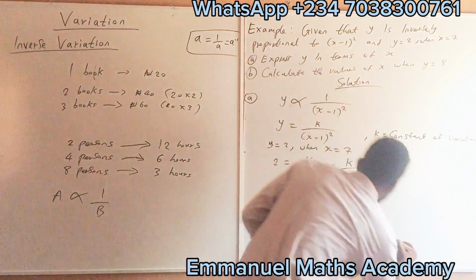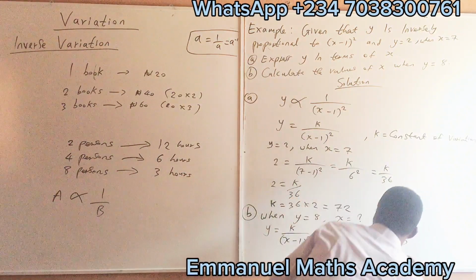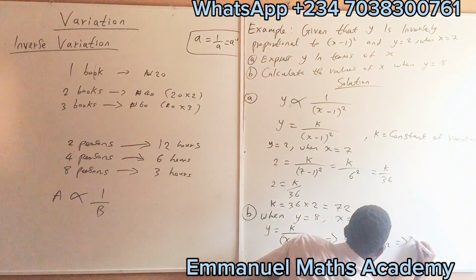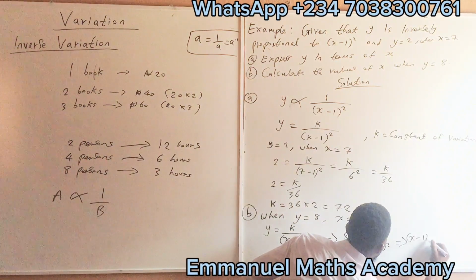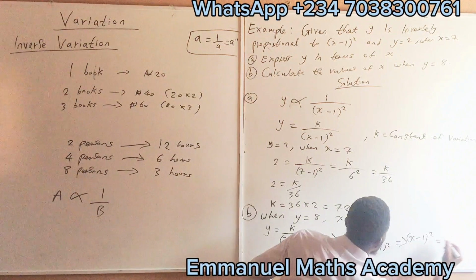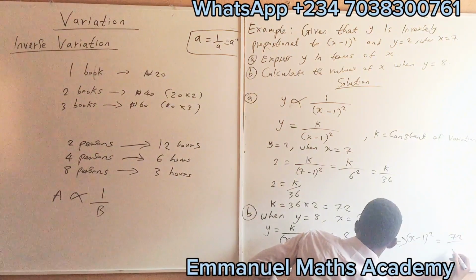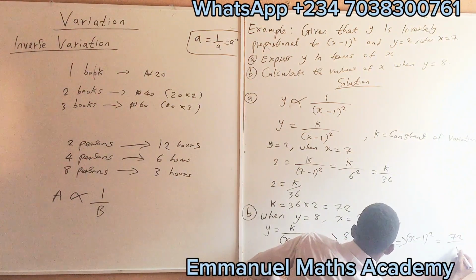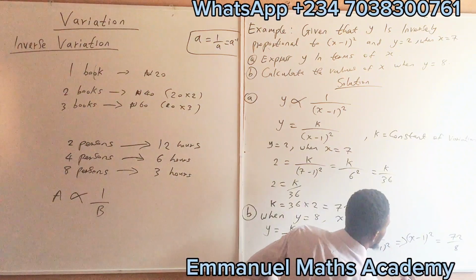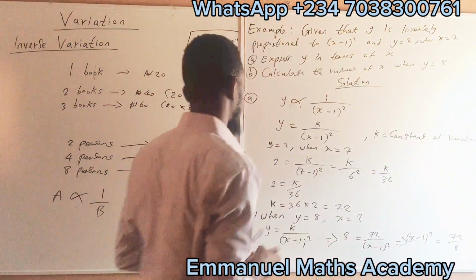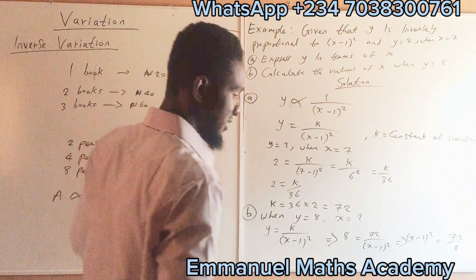We now have that x minus 1 raised to power 2 is equal to 72 divided by 8, right? Now let me clean up this place to continue.